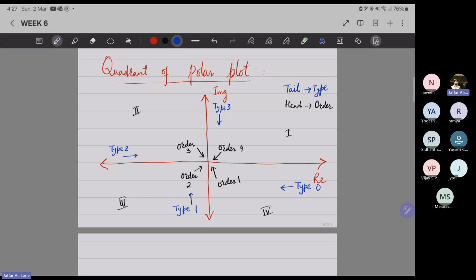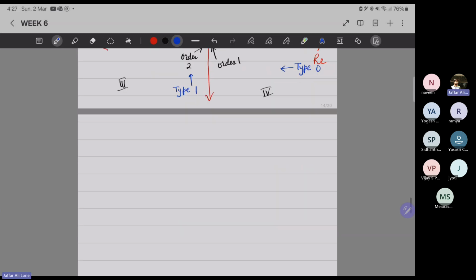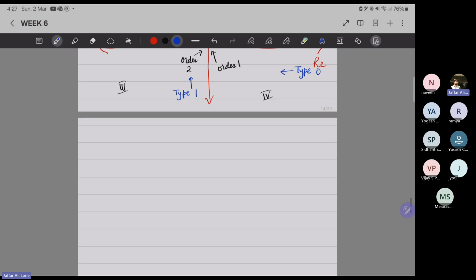For example, first let's try to sketch the polar plot of 1 over s square into (1 plus s) into (1 plus 2s). Can you try solving this question?